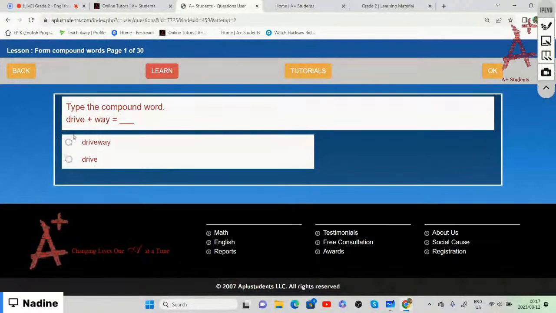So we choose the compound word driveway. It's these two smaller words put together to form one big word, which is driveway.